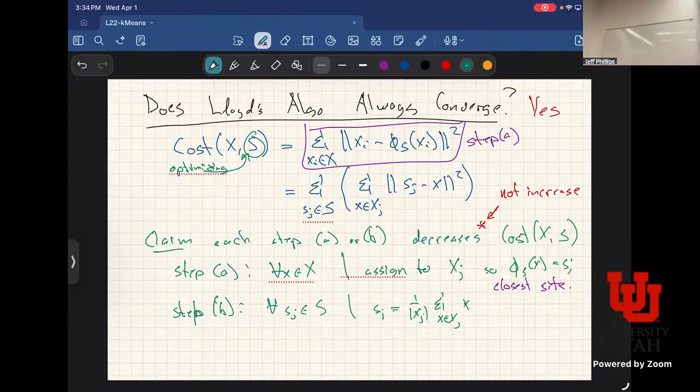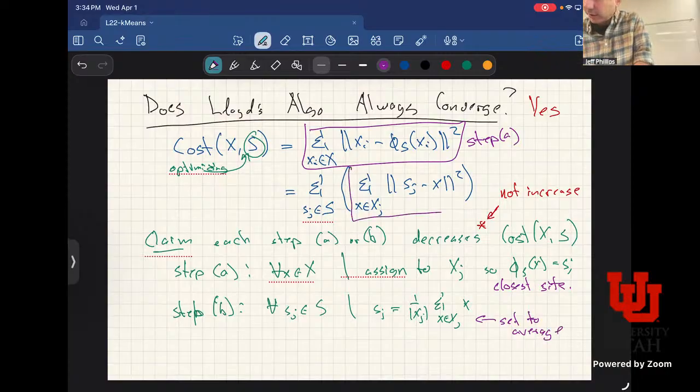So I'm not changing the assignment here, but I'm changing which is the average. So set to the average, and now I can look specifically at this part of the cost function.